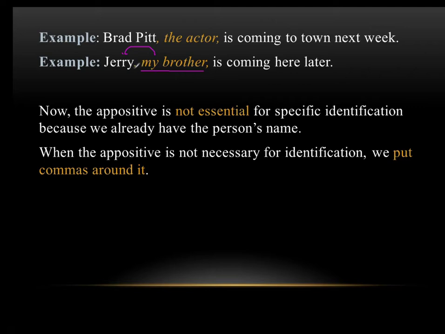So I put commas around it to tell you that it's not critical for identification. That also means that I could take it out and I would still know exactly what I'm talking about. Jerry is coming here later. You know precisely who I'm talking about. If I just had said, my brother is coming here later, you would have said, which one? Do you understand?